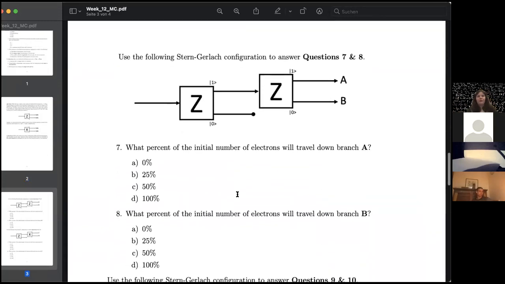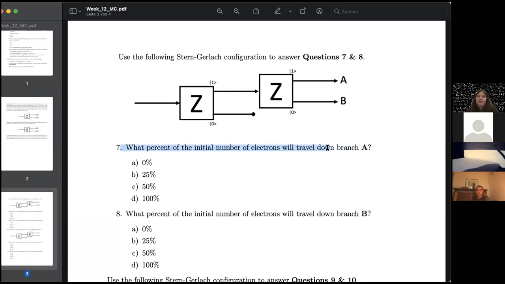Okay, so the first one is this here. Here you have 2 Stern-Gerlach experiments after each other, both in the z basis.